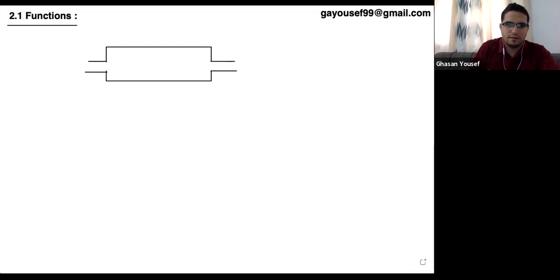So the input is a value like x, it comes here, and the output is f of x. If the function is named f, the input x goes inside the machine, then the machine does f of x, the output.